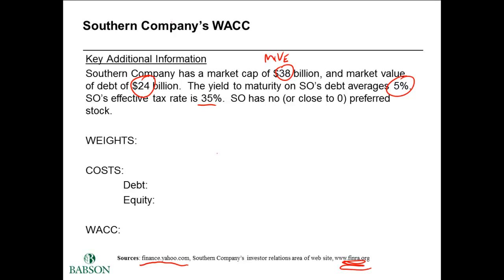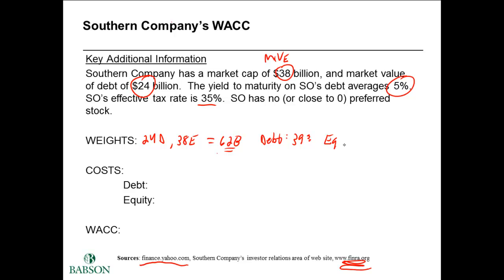So let's do the weights first. We know that we have $24 billion in debt and we have $38 billion in equity. So what weights does that translate to? That translates to a total of around $62 billion for the whole company. So the debt would be $24 billion of that total. 24 divided by 62 gets me to 39%.